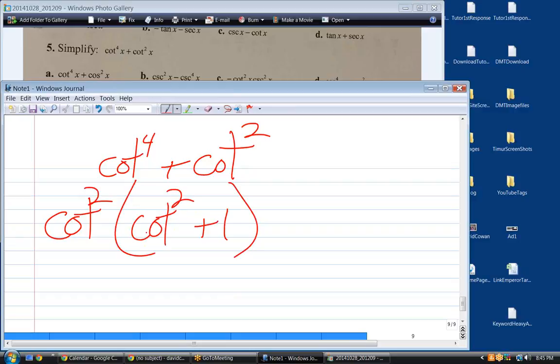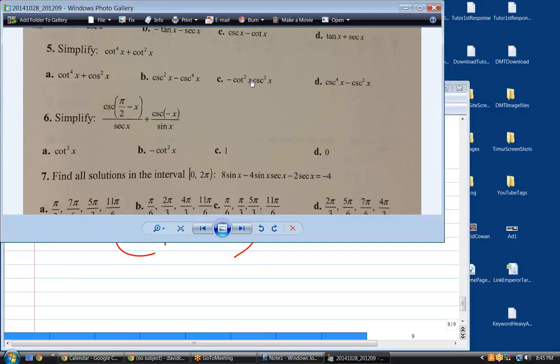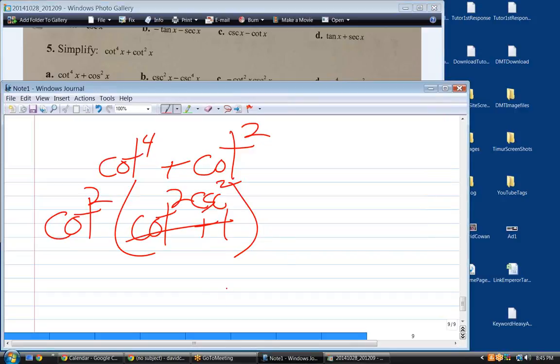Cotangent squared plus 1 would turn into cosecant squared. So now let's see if that answer's on there. It is. Hold on. I get cotangent squared cosecant squared.